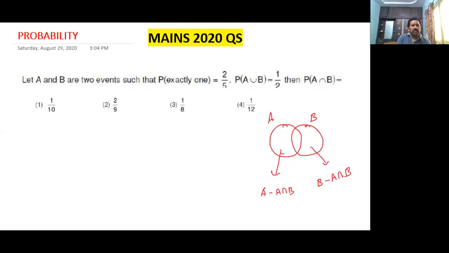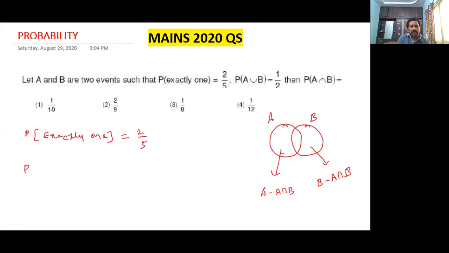Okay. So probability of exactly 1 is equal to 2 by 5, given.